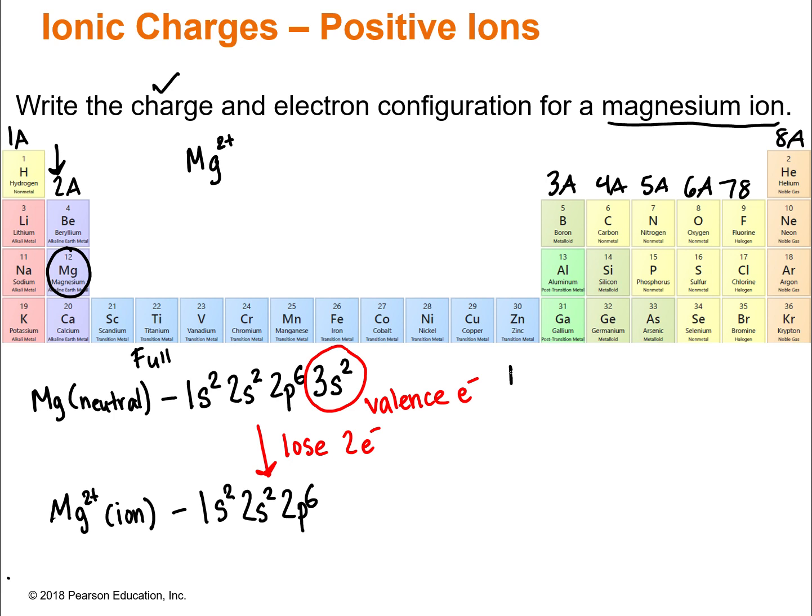So if we're starting with the neutral atom, what noble gas am I going to use for my noble gas core for the abbreviated version?